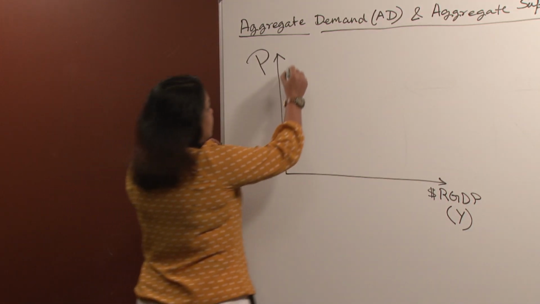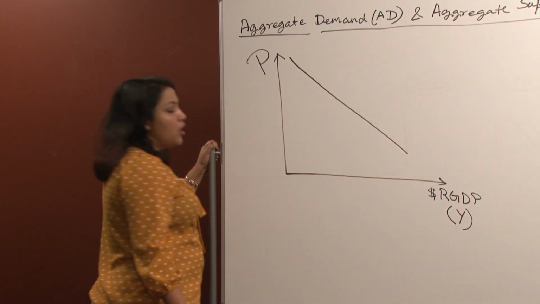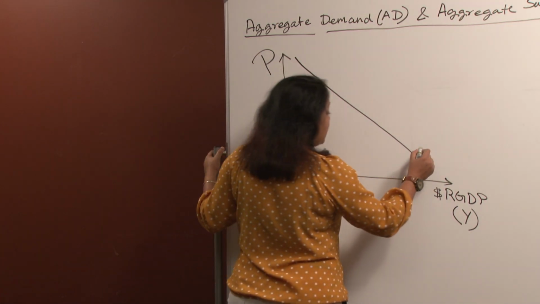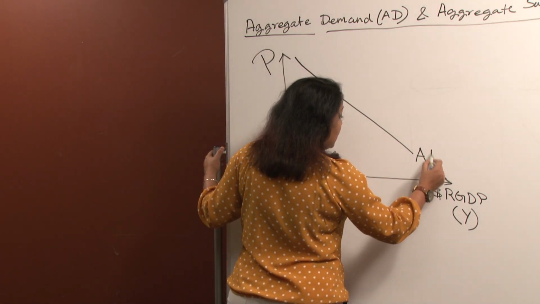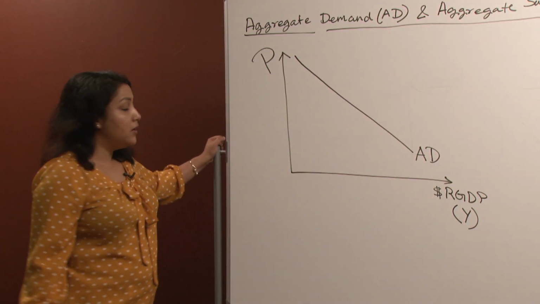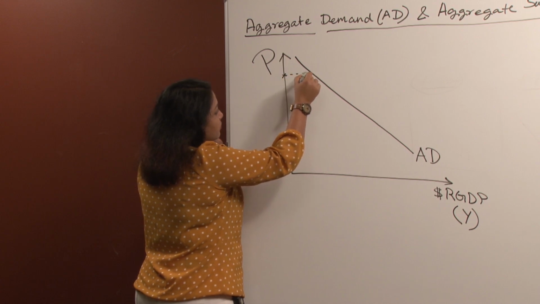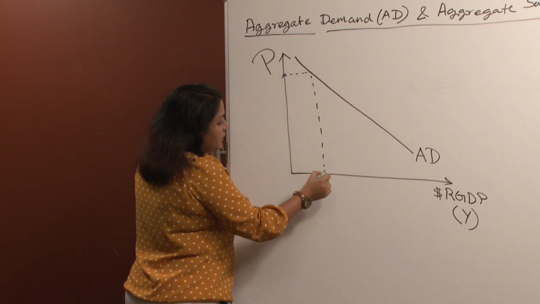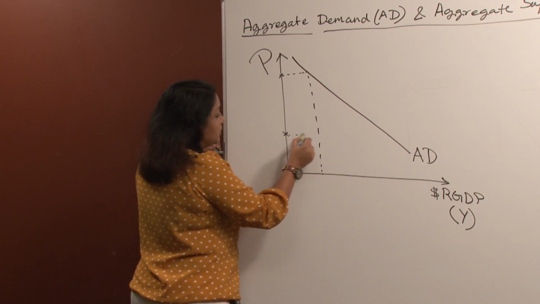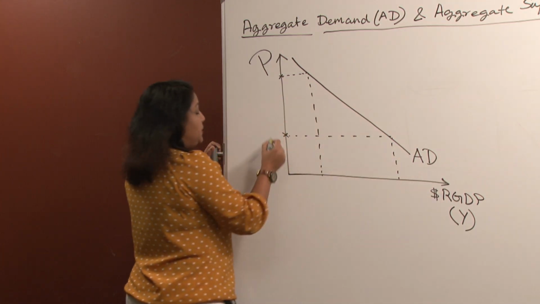So that means even if we draw the demand curve for the macroeconomy, that demand curve is downward sloping, and that demand curve is basically called the aggregate demand curve or AD curve, right. Now, at high levels of prices, the real GDP is low, and at lower value of prices, the real GDP is high.